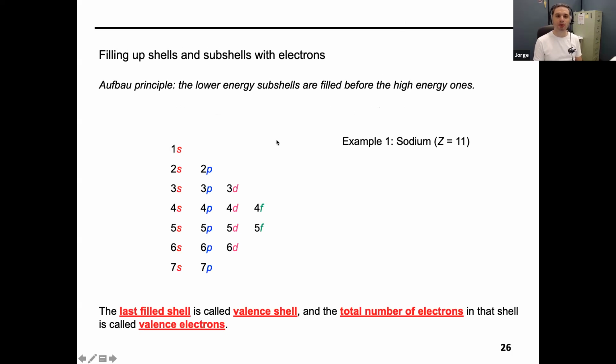Okay, so what I showed you on Friday was how to fill up the shells and subshells for any kind of element. So let me switch to the other screen here. And you can see the notes.